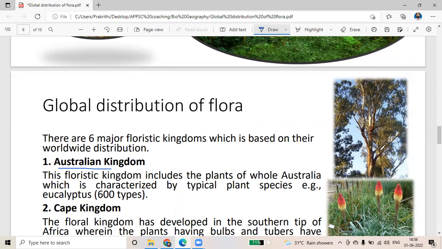This is actually the picture of eucalyptus. It is a particular plant, and almost 600 varieties of eucalyptus are present in this Australian kingdom. Almost the central area of Australia, you can see it is widely distributed. There is too much concentration of the eucalyptus plants.